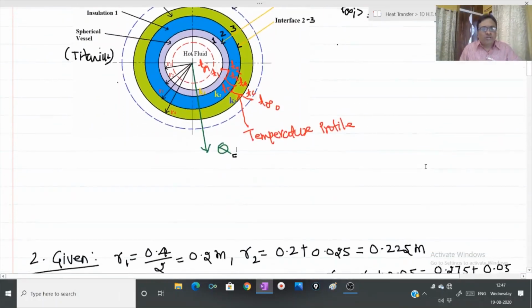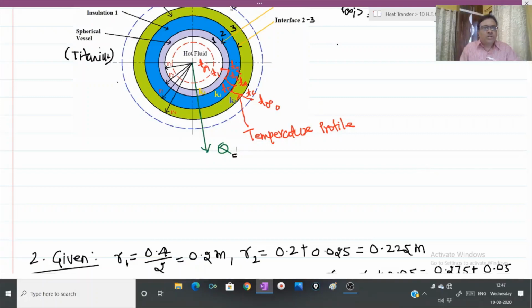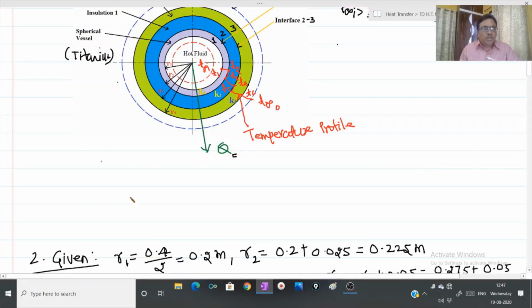Now we can draw the equivalent electrical circuit. So flow quantity will be heat transfer rate.